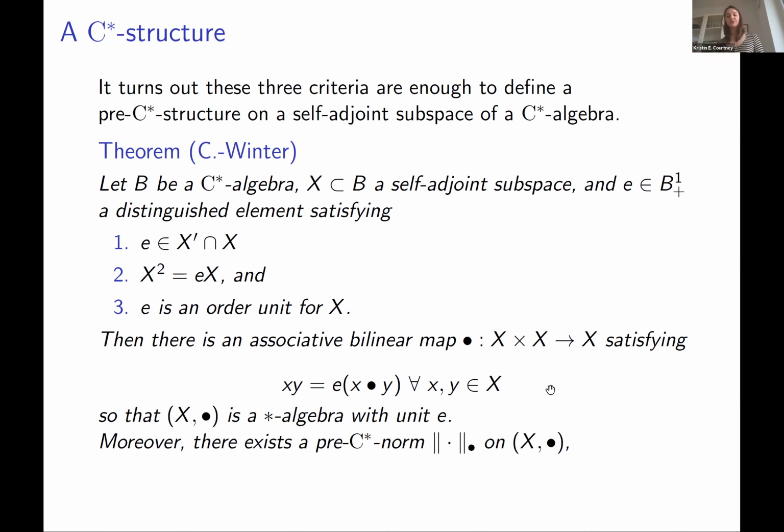So I have a star algebra structure, but moreover, we can also define a pre-C-star norm on this star algebra. When you have a pre-C-star norm, there's a good question about exactly what the closure looks like. One case where X is already complete with respect to this norm is when it's already closed in the C-star algebra B that it's sitting in.